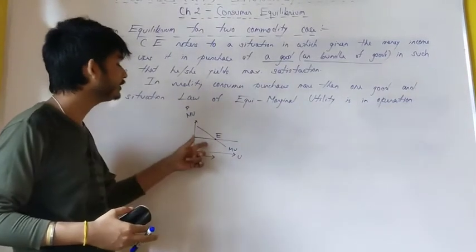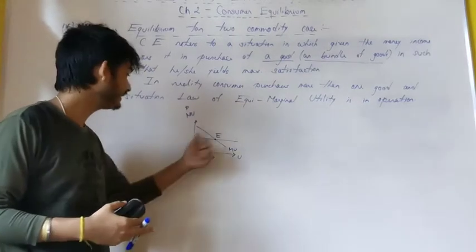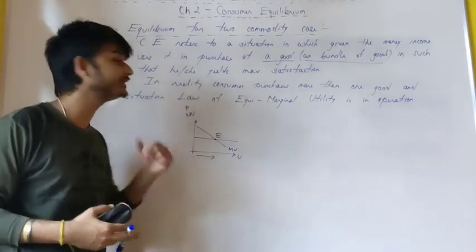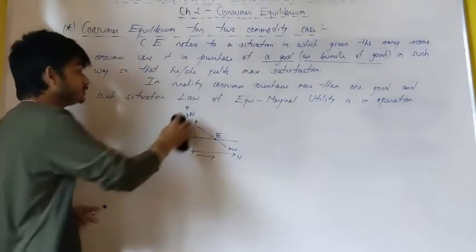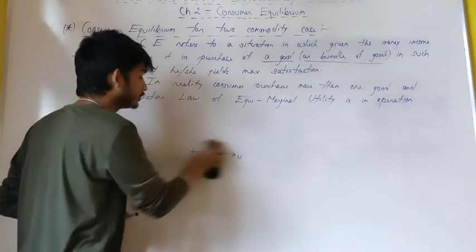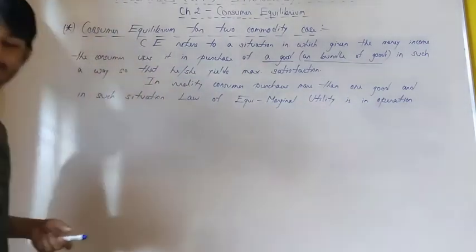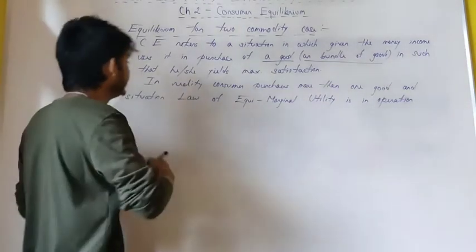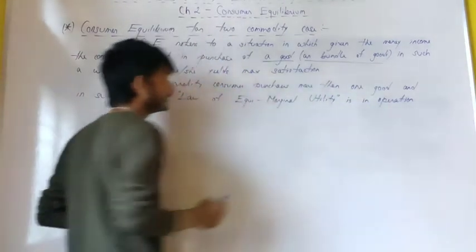So whenever the consumer is consuming only one single commodity, at that time the law of diminishing marginal utility is in operation. But when the consumer consumes more than one commodity, the law of diminishing marginal utility does not operate. Instead, the law of equimarginal utility is in operation.